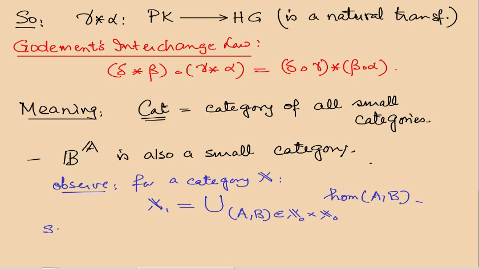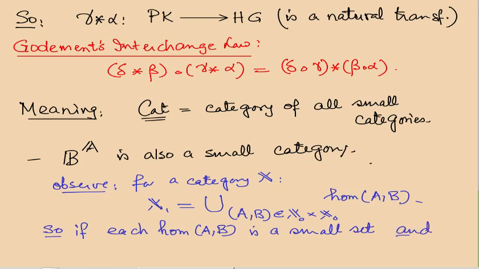So if each Hom is a small set and X0 is a small set, then X1 is small.